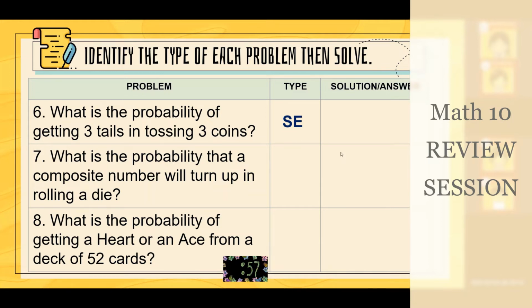Violet, do you have an answer in number 6? Oh, let's give Violet.